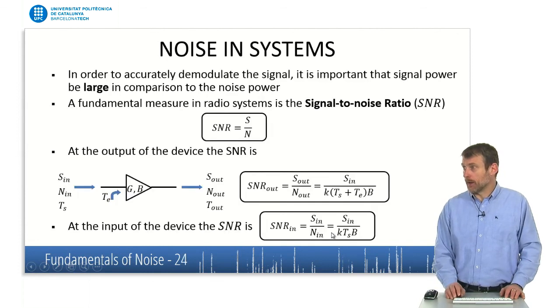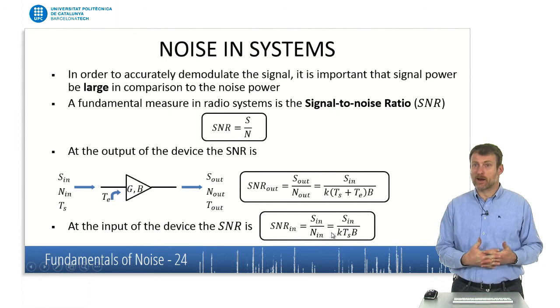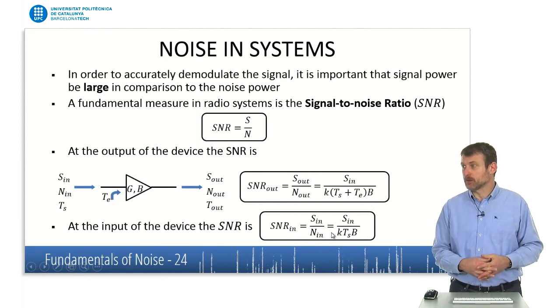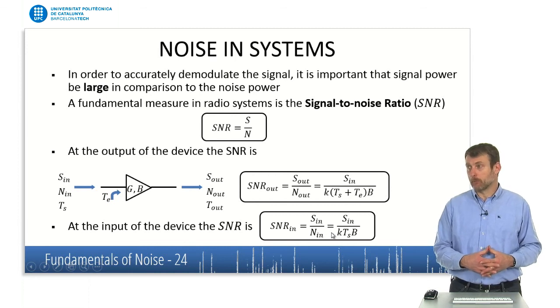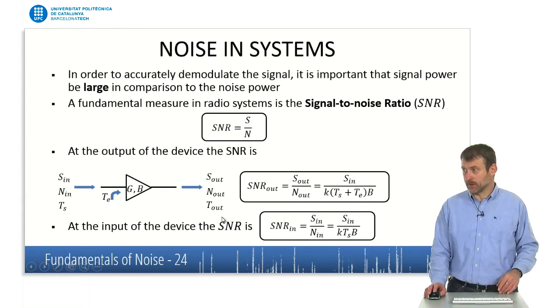Now, in any communication system, or in most systems, we are required to fulfill a given signal-to-noise ratio, right? The signal-to-noise ratio is the ratio of signal power to noise power, and there's usually a specification, called the SNR, which has to be satisfied.